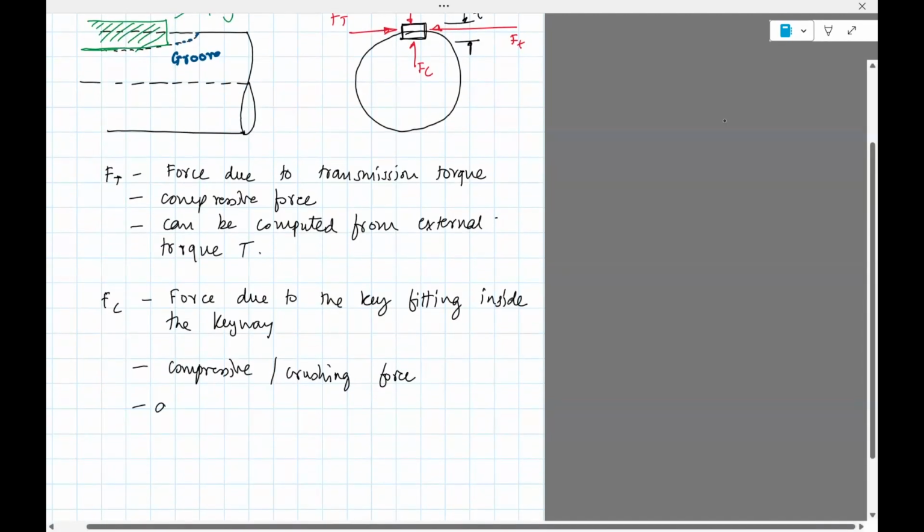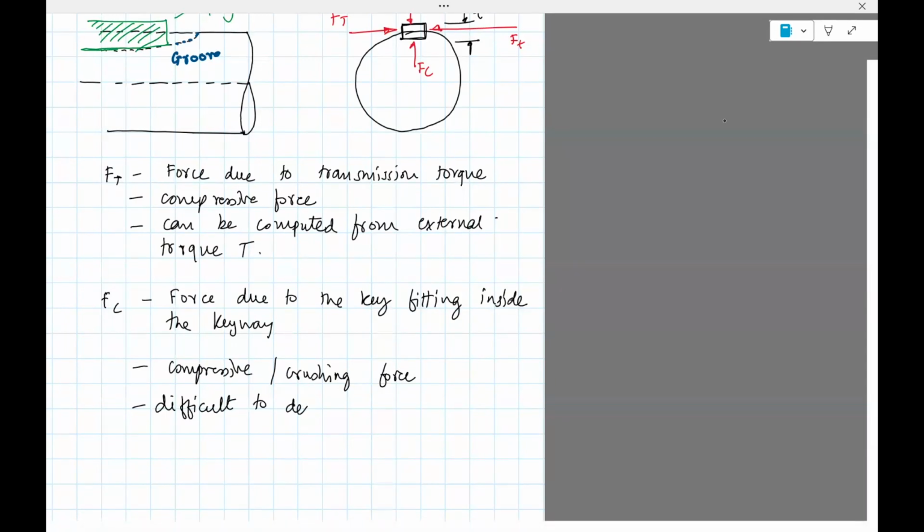It is actually kind of difficult to determine. It comes because the key is probably slightly bigger than the groove, and so when you try to put the key into the groove, it is held on by forces, and that force is just sort of hard to compute. There are probably theories which do it, but at least in this course, which is very empirical, we're not really using those advanced theories.